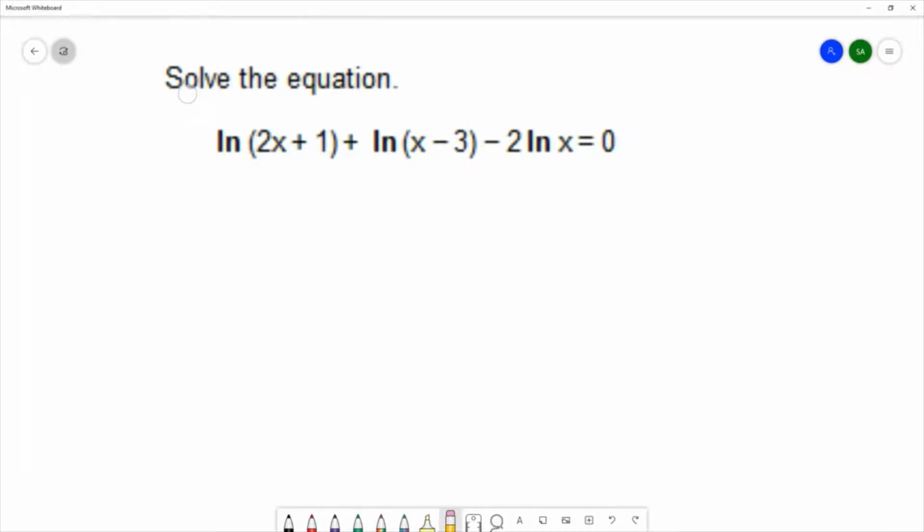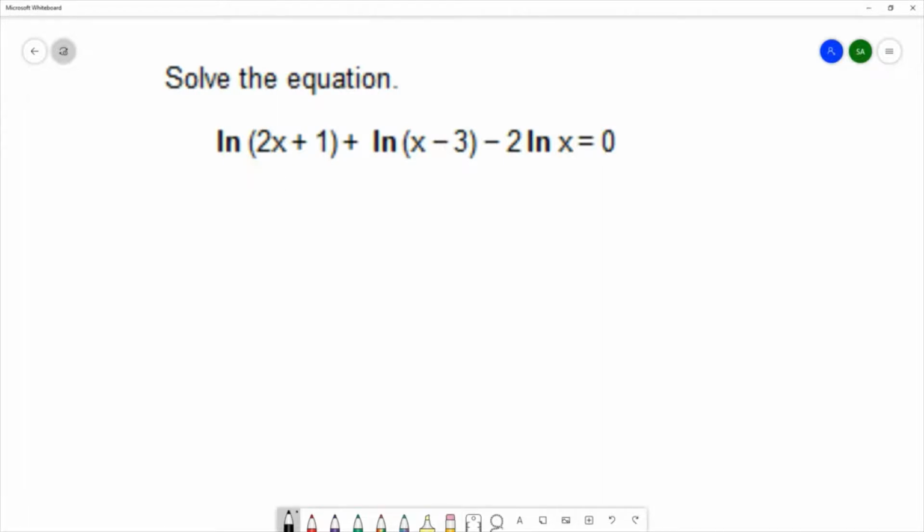We want to solve the equation natural log of 2x plus 1 plus natural log of x plus 3 minus natural log of x equals 0. So in order to solve this problem, what we want to do is condense these logs into a single log.